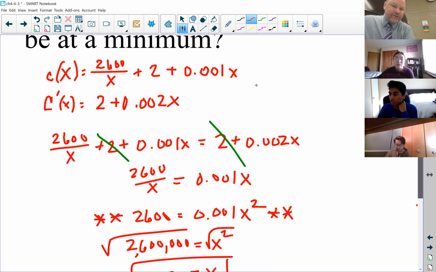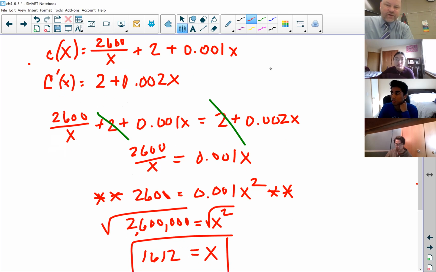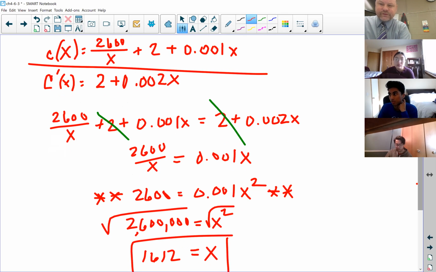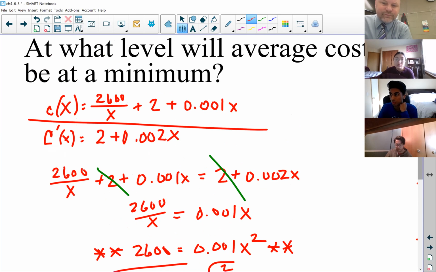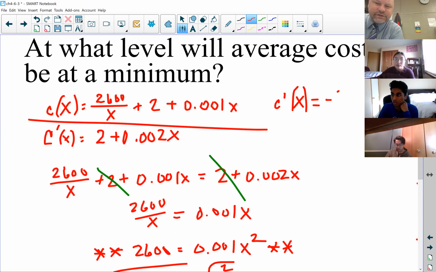And if I just took the derivative of average cost, what I would get is negative 2,600 over x squared plus 0.001.